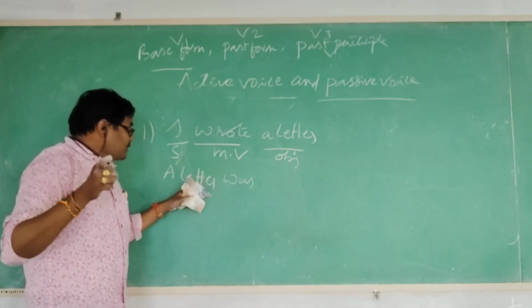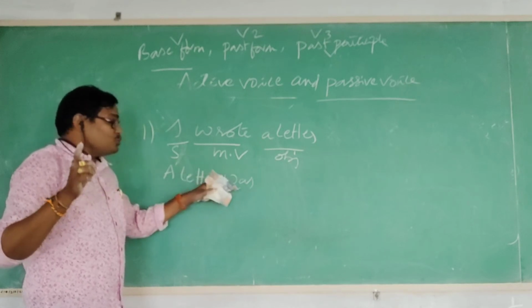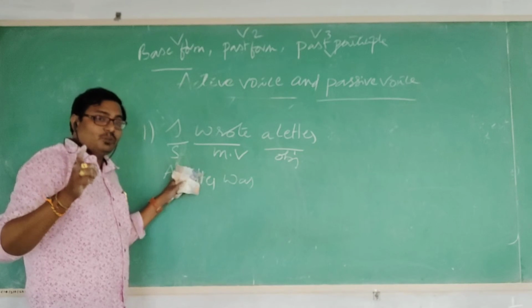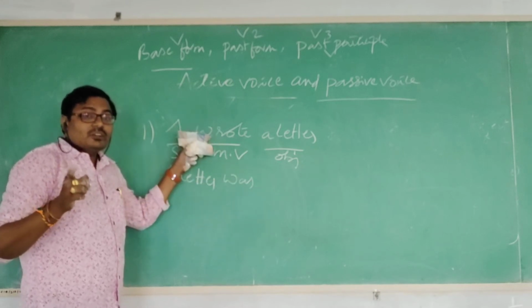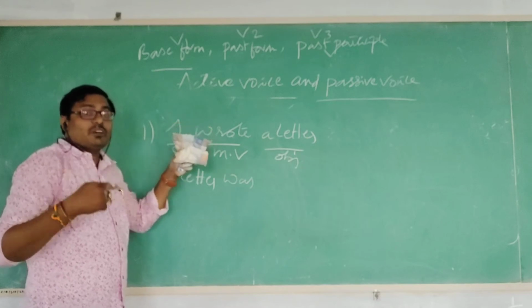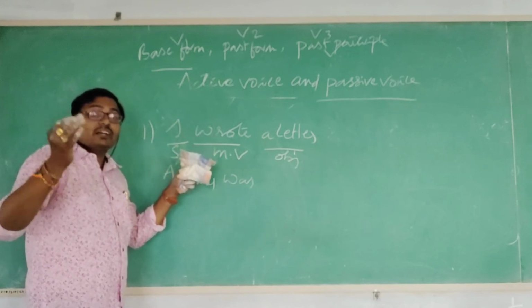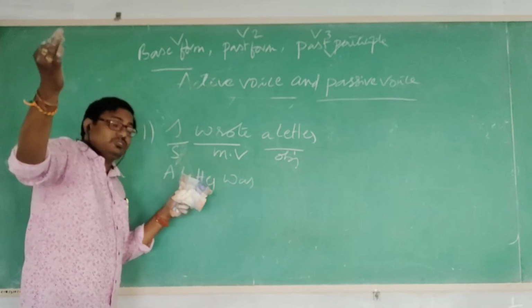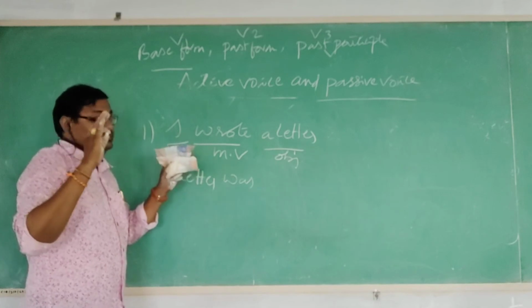If it is a singular noun, we have to use was. If it is plural, then we have to use were. The helping verb should be used according to its tense as per the 6 rules. That's why we have to use was in this sentence.